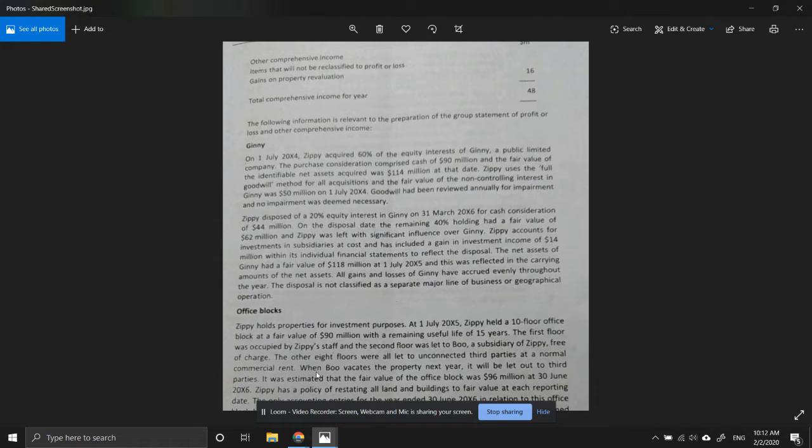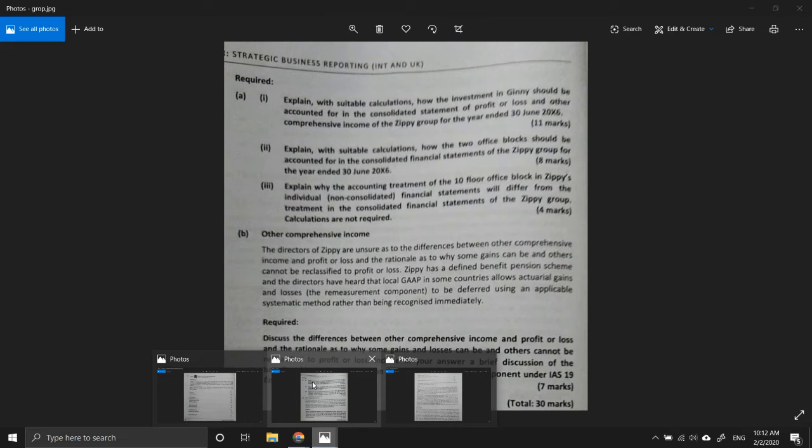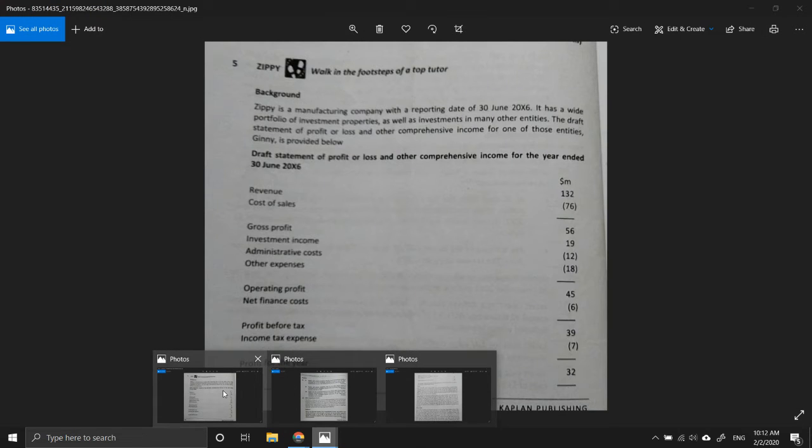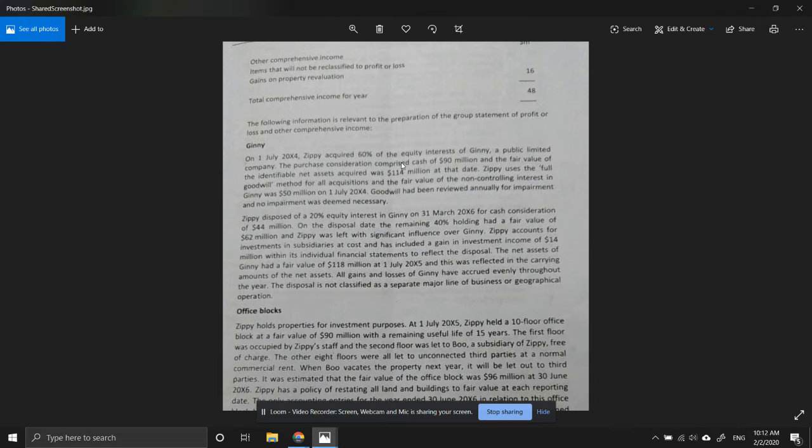So fair value of 114, that's there. And then at reporting date, or at disposal date, you can say that as well, the net assets had a fair value of 118, right?